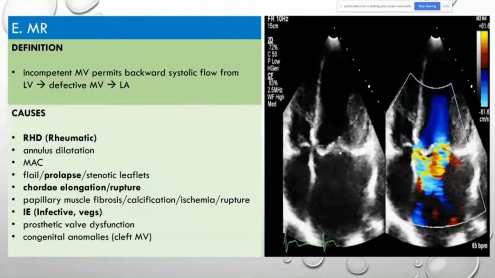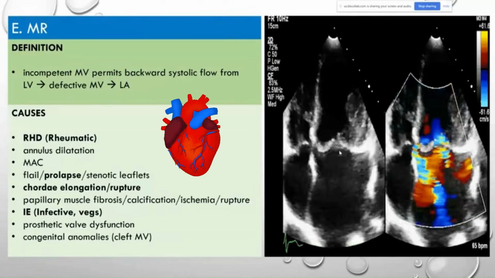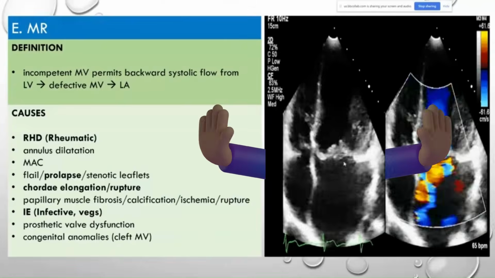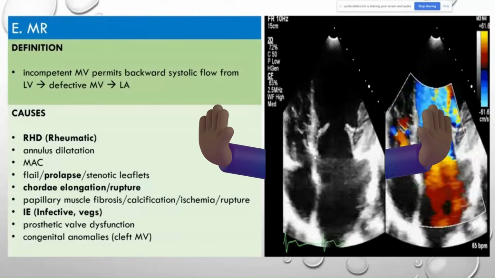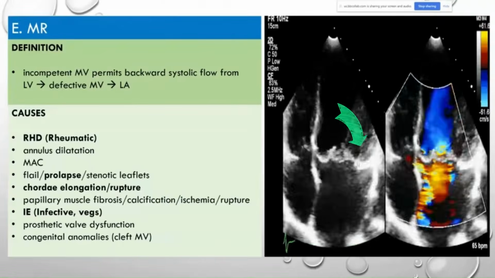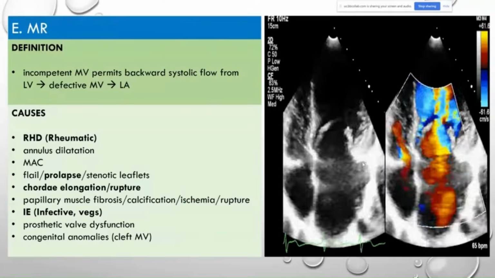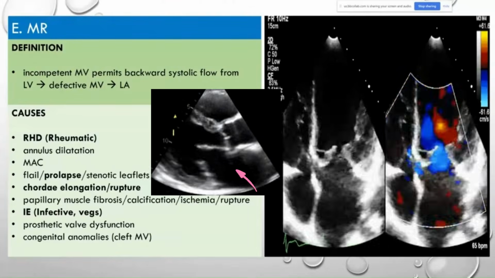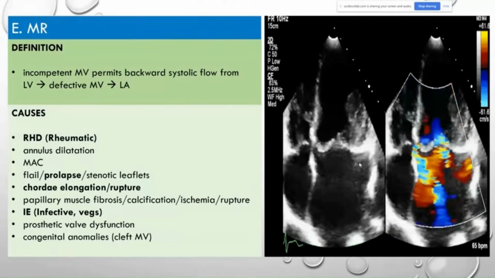So what can cause this is rheumatic heart disease. If you have a dilated annulus, because maybe you have dilated cardiomyopathy or anything that spreads the heart apart. Mitral annular calcification, like right here, it looks like the annulus is a bit calcified. That'll cause it. Flail mitral valve, prolapse, any type of stenotic leaflets.